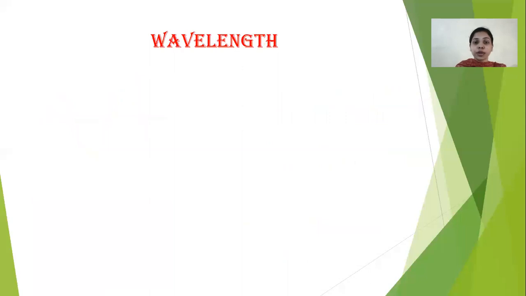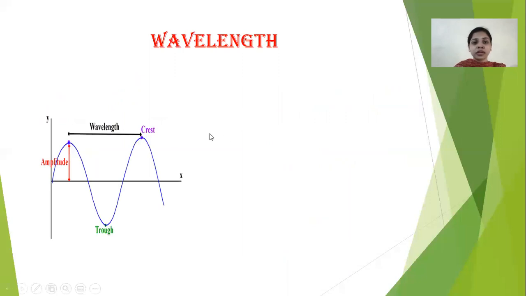Now the next property of the wave is the wavelength. Now what is the wavelength? Wavelength is nothing but the distance between two consecutive crests, or two consecutive troughs. Okay, this is called its wavelength.